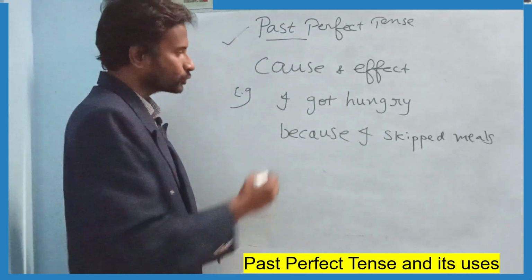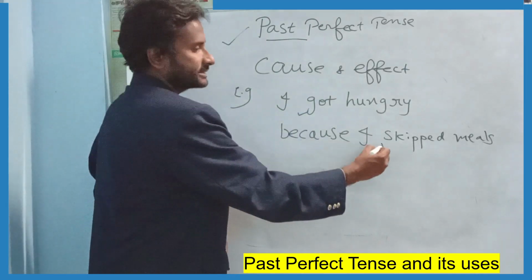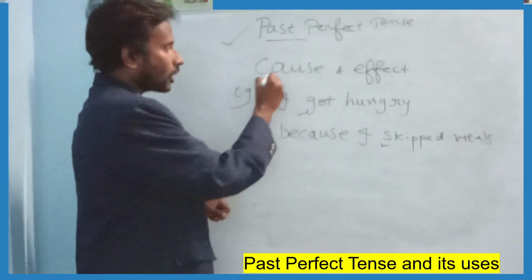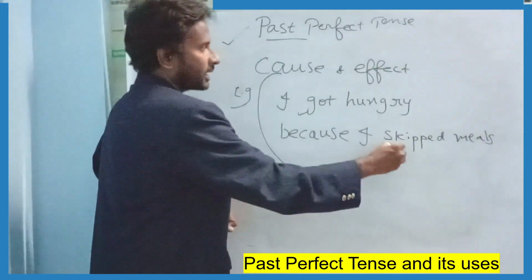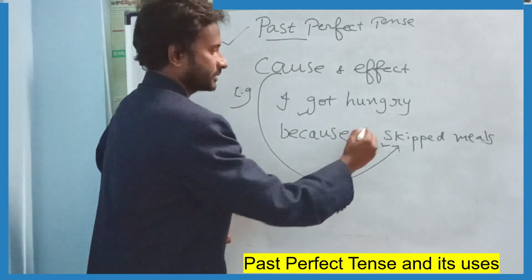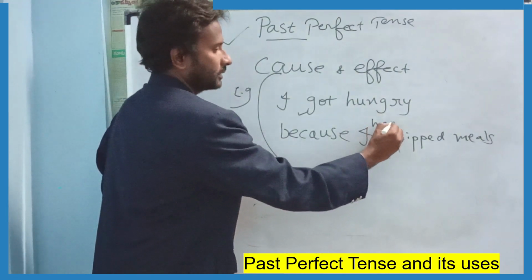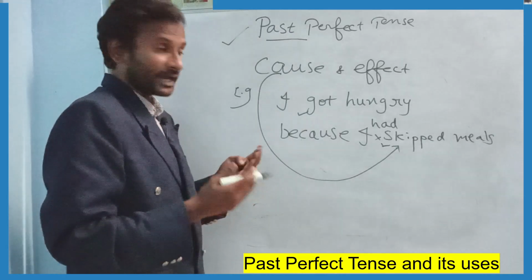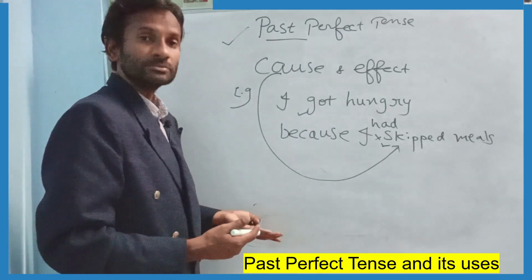Now in this we have two past actions: I got, I skipped. Now which is the cause here? The cause has to be mentioned in past perfect tense, which means had skipped. I was hungry because I had skipped meals.